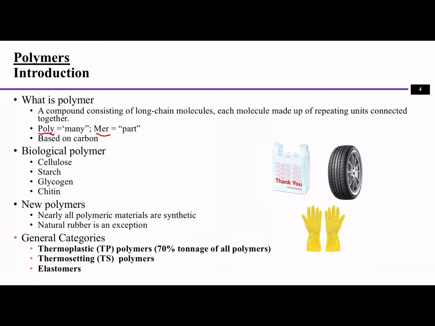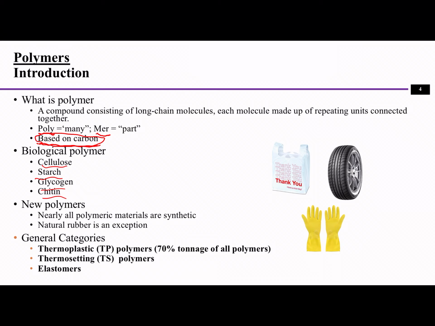Polymers are usually based on carbon, and there are also some biological polymers, for example cellulose, starch and something else, as well as some new polymers. Usually those new polymers are synthetic ones, and the base material would be petroleum. So they are all made of petroleum because the base element is actually carbon.